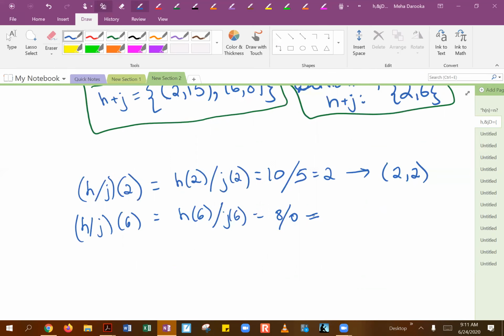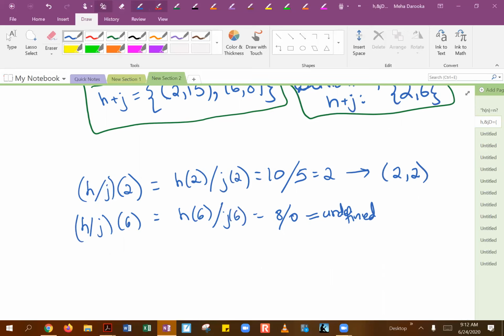No solution, yeah, because division by 0, as I told you earlier, is undefined. And so since it's undefined, you're not actually going to get an ordered pair, which also means that we cannot use 6 as part of our domain for the h divided by j function, because you are getting an undefined result when we try to do h of 6 divided by j of 6.